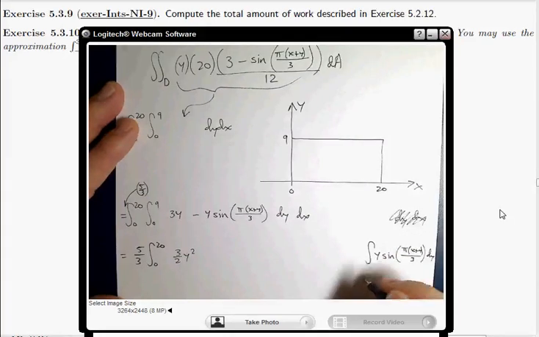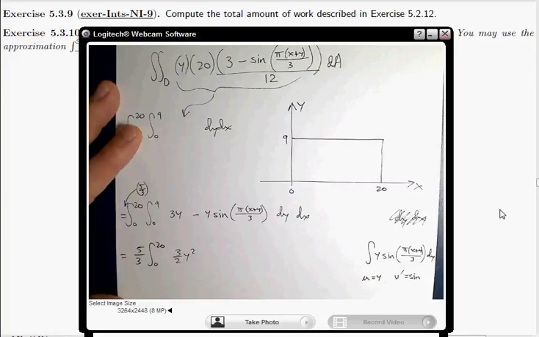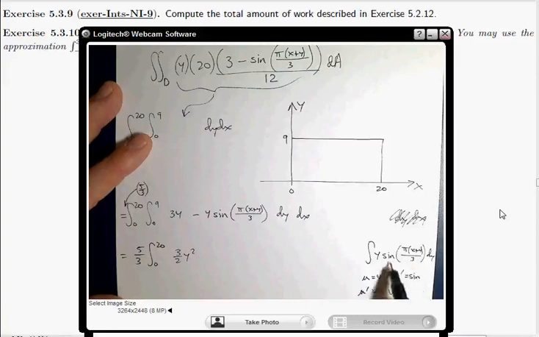I'm going to let u be y, and then v prime is the sine business. Then u prime is 1, and for v, I need the antiderivative of the sine business. When you take the antiderivative of sine, you get negative cosine.